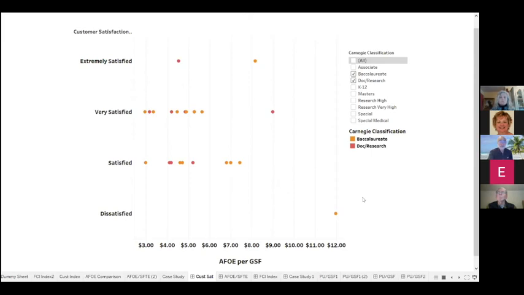But again, you can see here, spending a lot of money, $12 a square foot, and having dissatisfied customers clearly is a problem. Someone can be spending, let's see, there's a red dot there, a little over maybe $4.50 a square foot, and they're extremely satisfied.